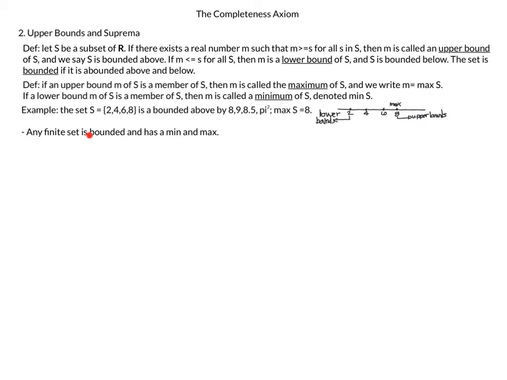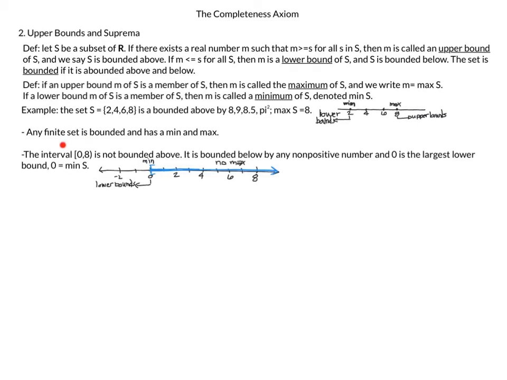First thing to note, any finite set is bounded and has a min and max. We'll look at this interval, which is not finite, the interval 0 to infinity. It is not bounded above because the set goes on to infinity, so there's no real number that is bigger than every element of the set.